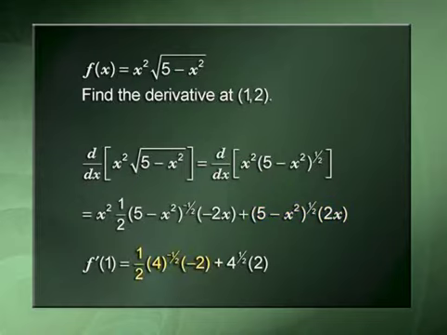Wow, well, what's 4 to the minus 1/2? That's 1 over 4 to the 1/2, which is the square root of 4. So that's 1/2 times 1/2 times minus 2. That gives a minus 1/2, and the second term gives a 4. Add those up, 7/2. Ouch.